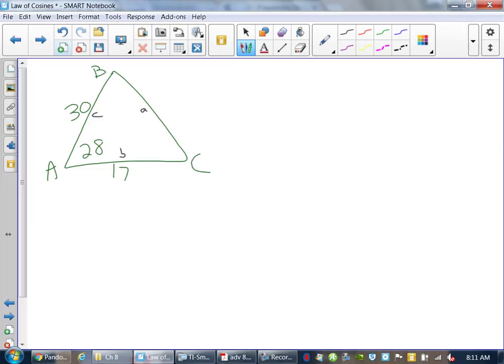What version of the law of cosines is this forcing you to use? A. And why is it forcing you to use A? Because you have the angle A. So write it down. Little a squared is b squared plus c squared minus 2bc cosine of A.